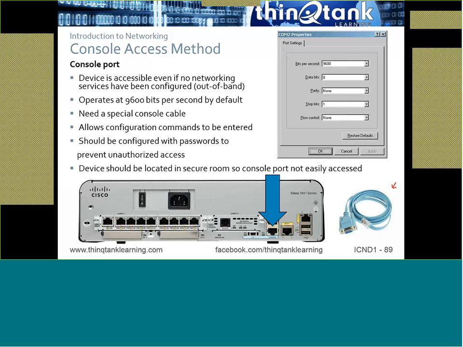Although I will say the 2800s are not bad, like a 2821 or a 2811. Not bad, but the 1900s are going to do a lot of the stuff that you need to do. The problem if you go to the 1900, though, is the licensing is a little bit different. So in a nutshell, 2800 series or 2900 series.